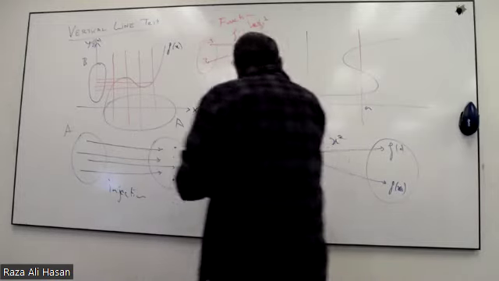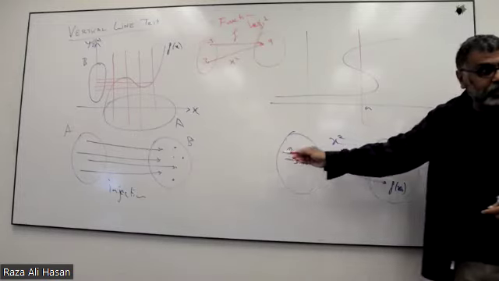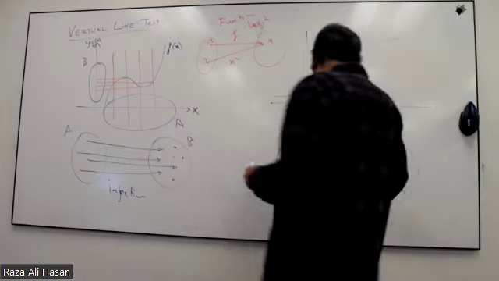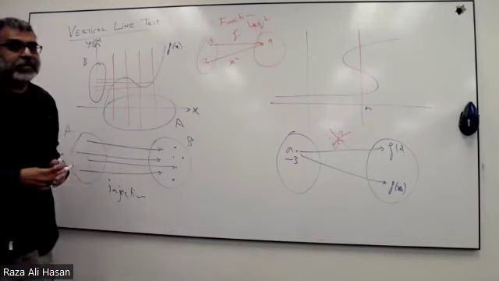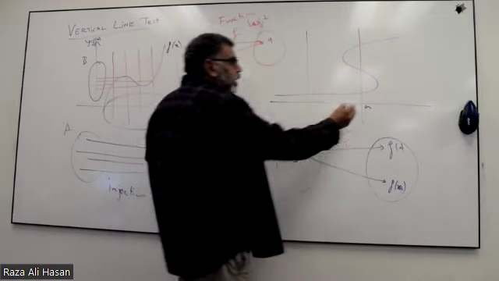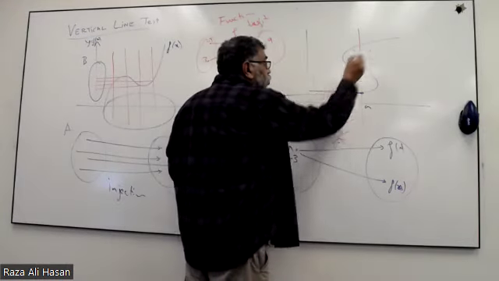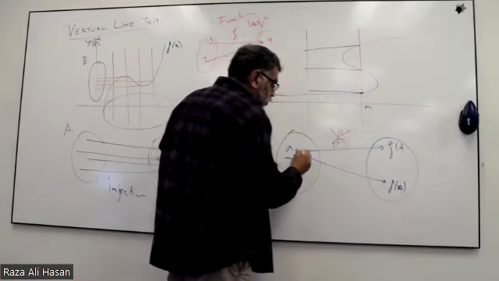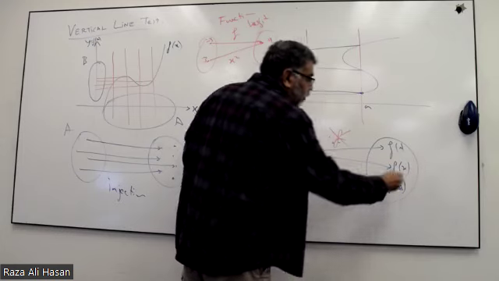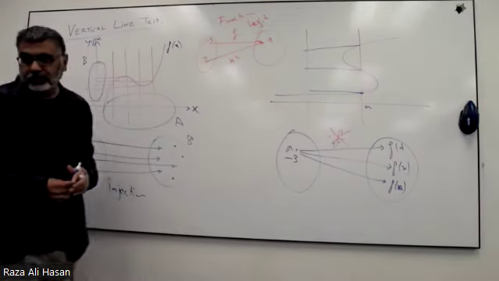When it's pointing to the left, if the arrow is pointing to the left, then this is not a function. And that's what the vertical line test says, that for one input, if you get two outputs, actually in this case 3, then we are not dealing with a function, but perhaps a relation.